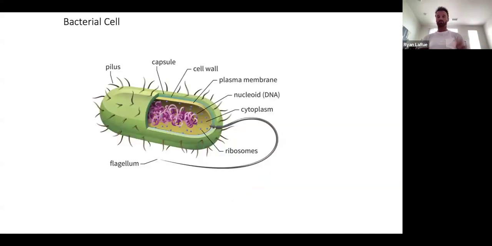Now, here's more of an artist's representation of a typical prokaryotic cell, a bacterial cell. As you can see, not much going on. A lot simpler, right? You've got a cell membrane, plasma membrane, a cell wall in the case of a bacterium. Some have this capsule and other structures like a pilus, but not much else going on internally, right?